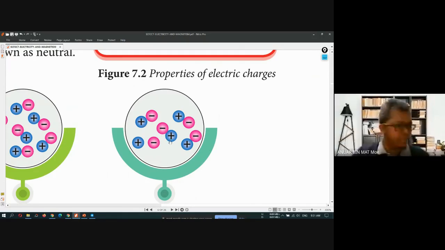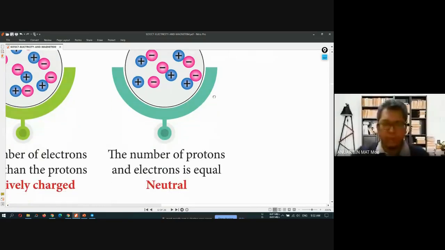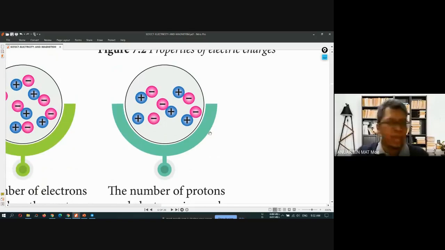If you can see in the picture here, how many negative charges? This is just an example, because the amount of charges is too many. The object is neutral if it has an equal amount of negative and positive charges.